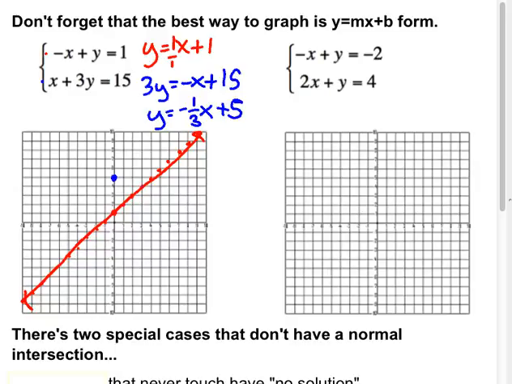So down 1 over 3, down 1 over 3, and so on, and again, extend it in both directions. My goal is that common point, that point of intersection, as my solution. This time it looks like it is at 3, 4.